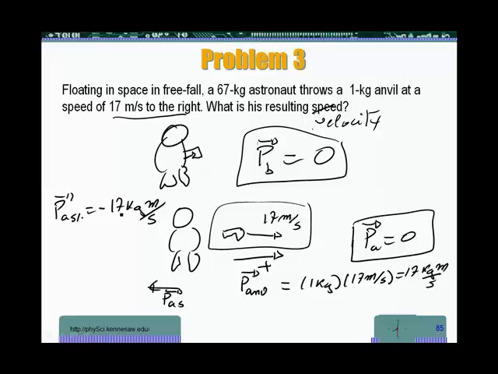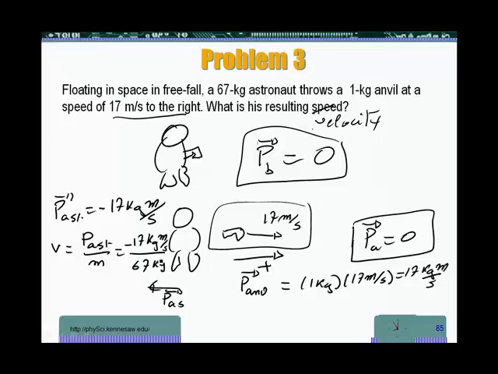Now, when we know the momentum of the astronaut, I can find his velocity. Velocity of the astronaut is the momentum of the astronaut over his mass. So in this case, that's going to be minus 17 kilogram meters per second divided by 67 kilograms.